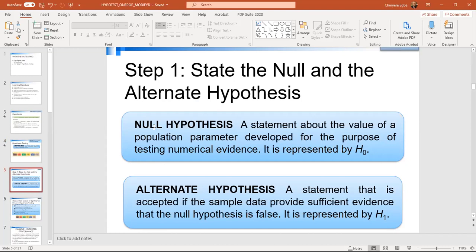But if you say that the alternate hypothesis is that the average travel time is more than 25 minutes, you are saying, in effect, that what you have is a one-sided hypothesis. If you say the alternate hypothesis is less than 25 minutes, that is also a one-sided hypothesis.